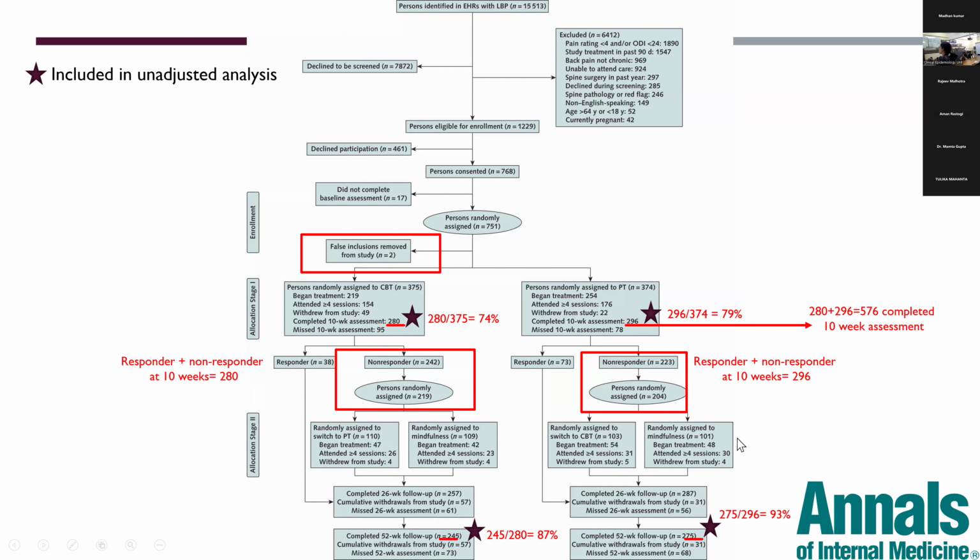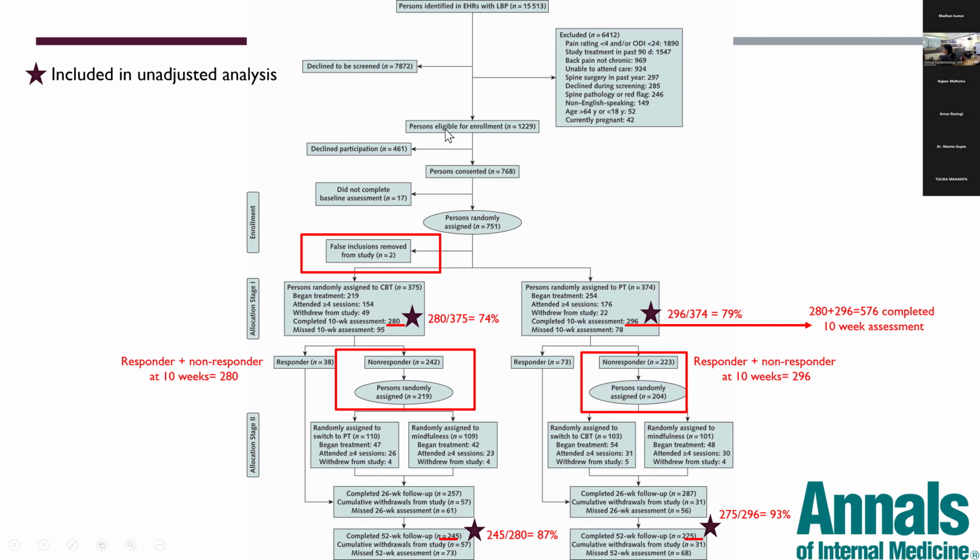I will go through this slowly because it is a lot of information. Initially they identified patients with lower back pain, some 15,000. Out of that, some 6,000 declined to be screened, and then they excluded the remaining 6,412.